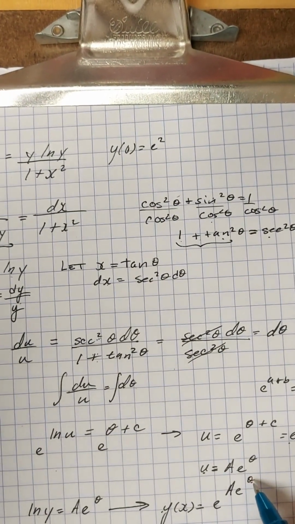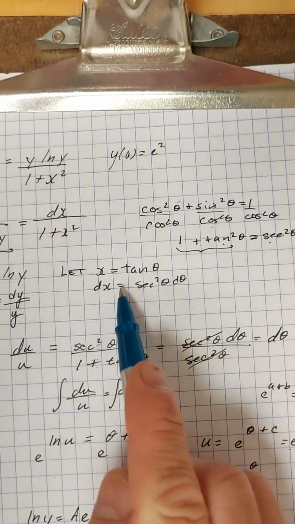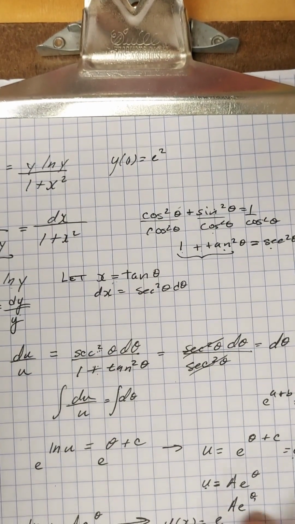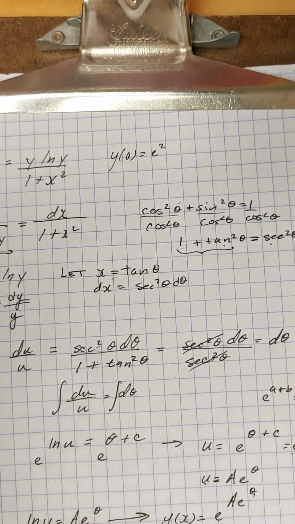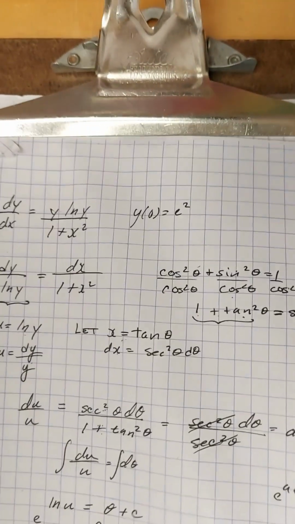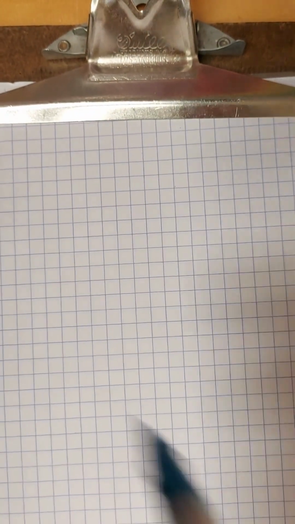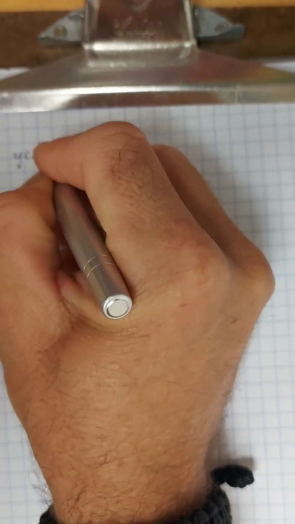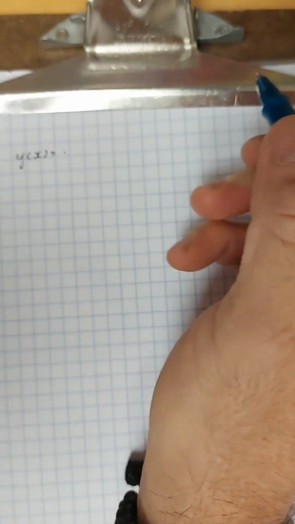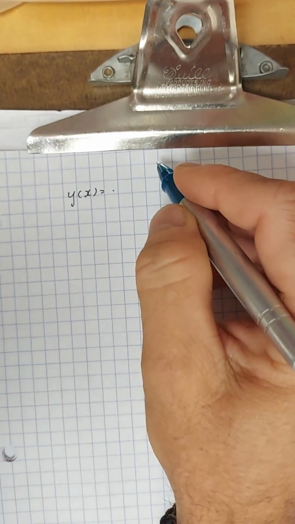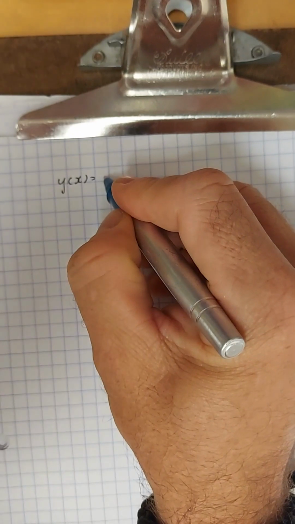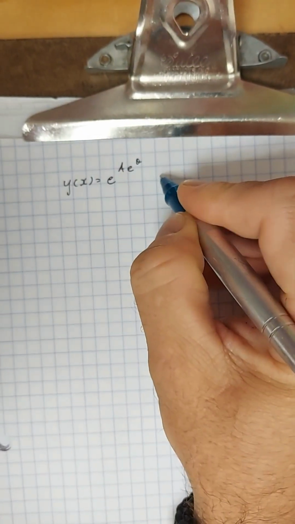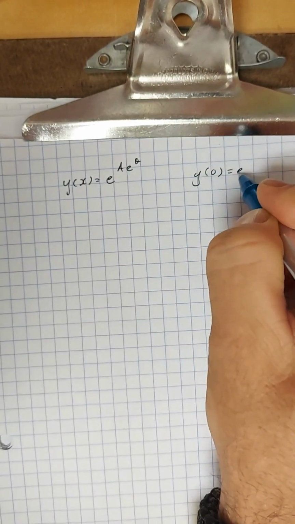We'll have to look at how to get rid of that theta, going back up to our substitution, before we can plug in our initial condition. So we had y of x is equal to e to the A e to the theta, and we had that y of 0 is equal to e squared.